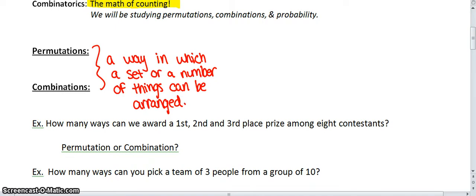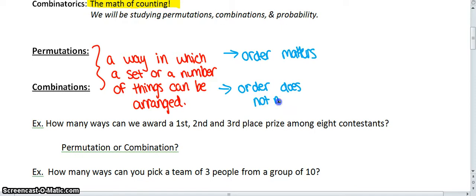Now, a permutation and combination are slightly different ways of counting things. A permutation you would use if order matters. And by contrast, a combination is what you would use when order does not matter. And this will make more sense with more examples, so just bear with me.